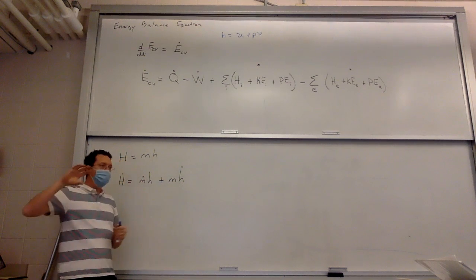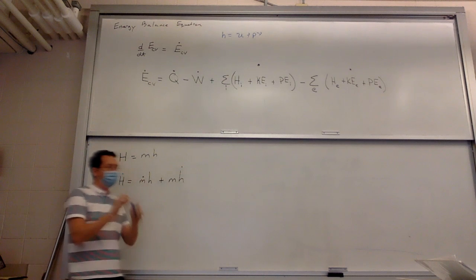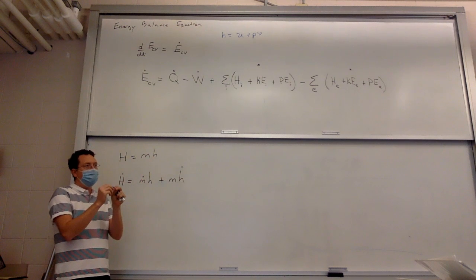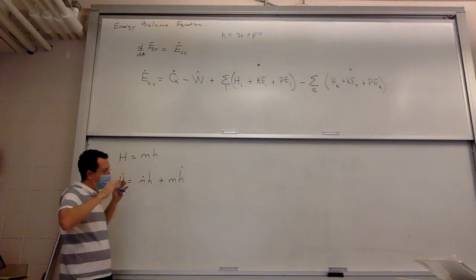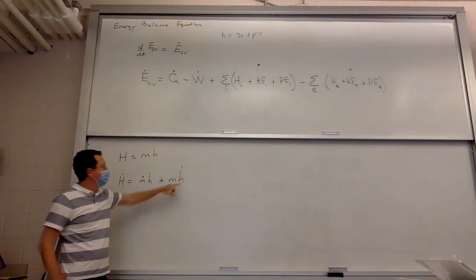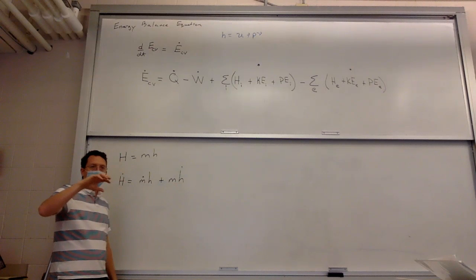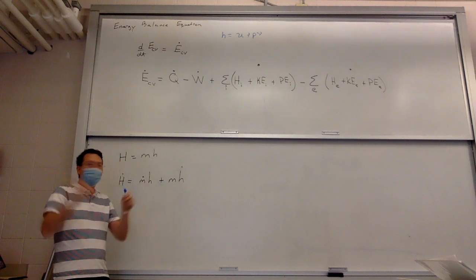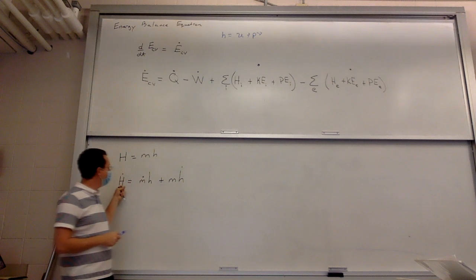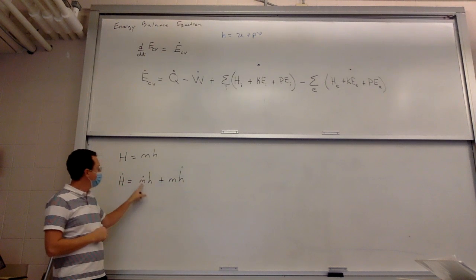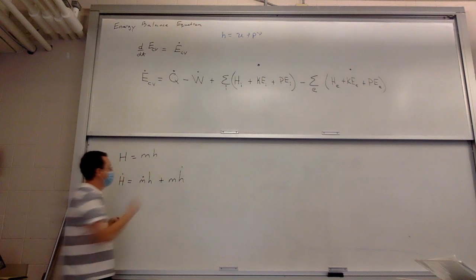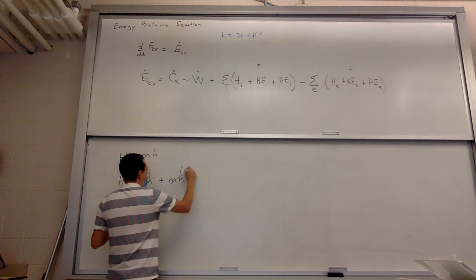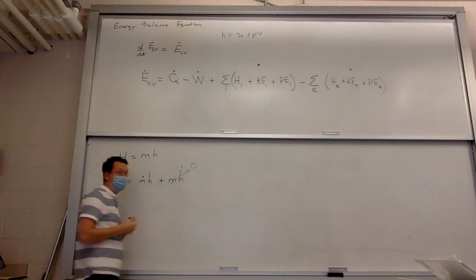And if you think about water flowing through a pipe, inside each droplet, it equilibrates very quickly. So each droplet more or less is the same. The only thing that really contributes to the rate of change of the enthalpy is this first term. So very quickly, this can be dropped.